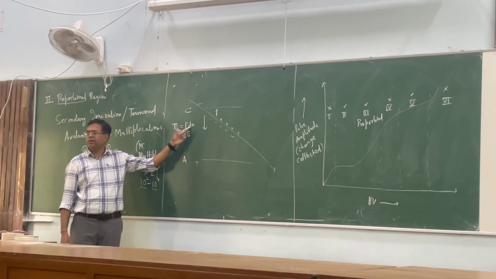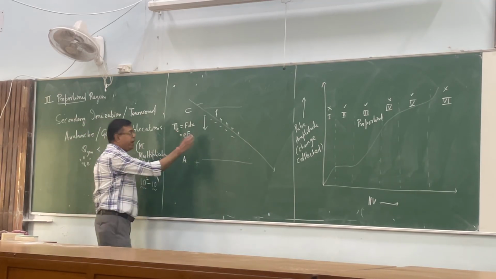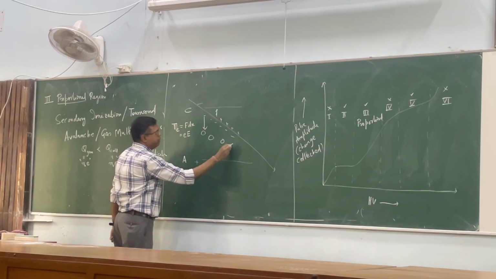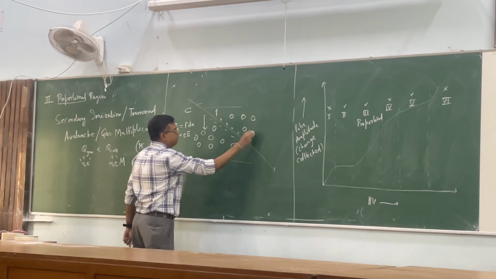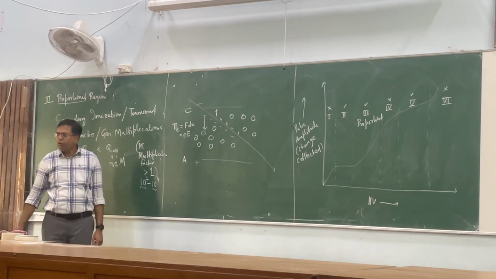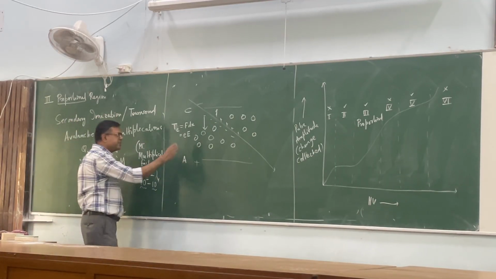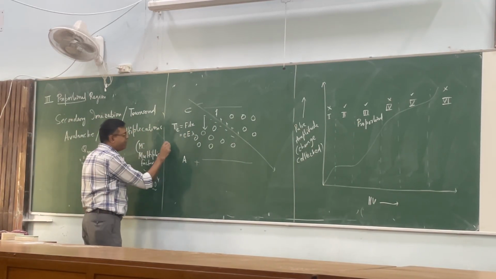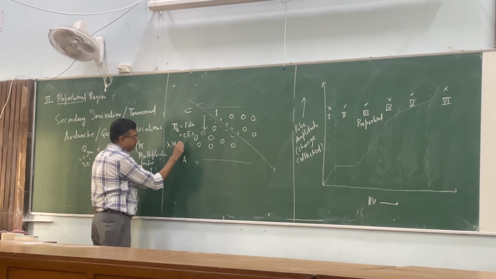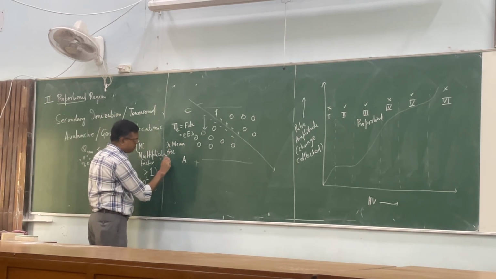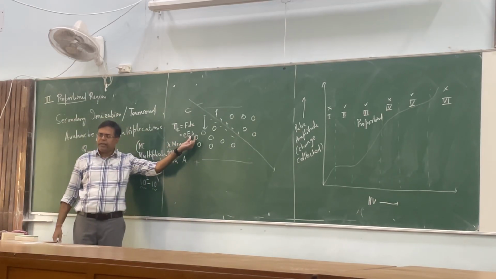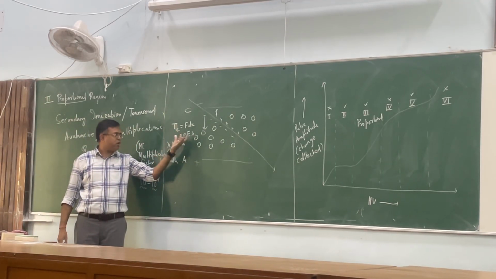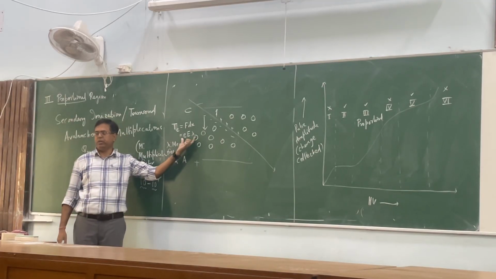What is this dx? Now you have ions everywhere, which is the gas ions. So how do we account for this dx? We say that there exists something called lambda, which is nothing but the mean free path. For the mean free path, the electron is gaining this kinetic energy.